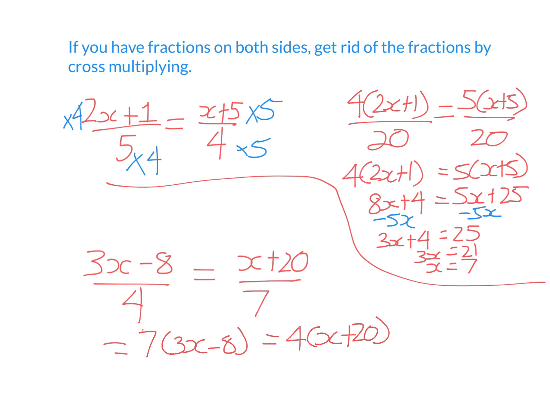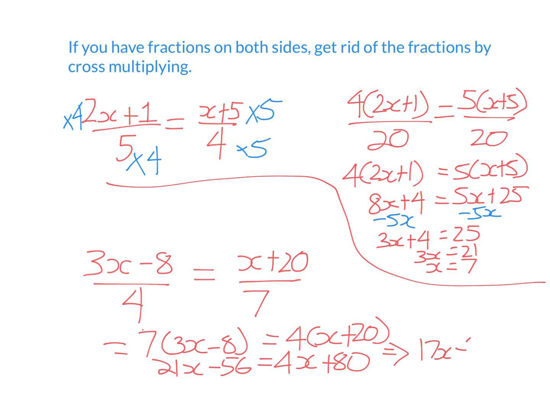So then I'm going to expand the bracket. 7 times 3x, 7 times negative 8, 4 times x, 4 times 20. So now I've got 21x and 4x. I'm going to subtract 4x from both sides of the equation. So if I subtract 4x from 21x, I'm left with 17x.